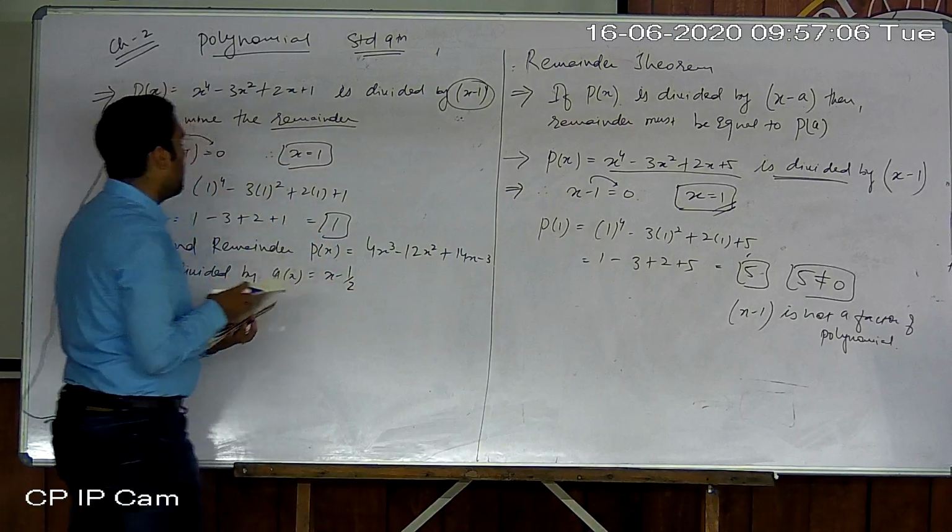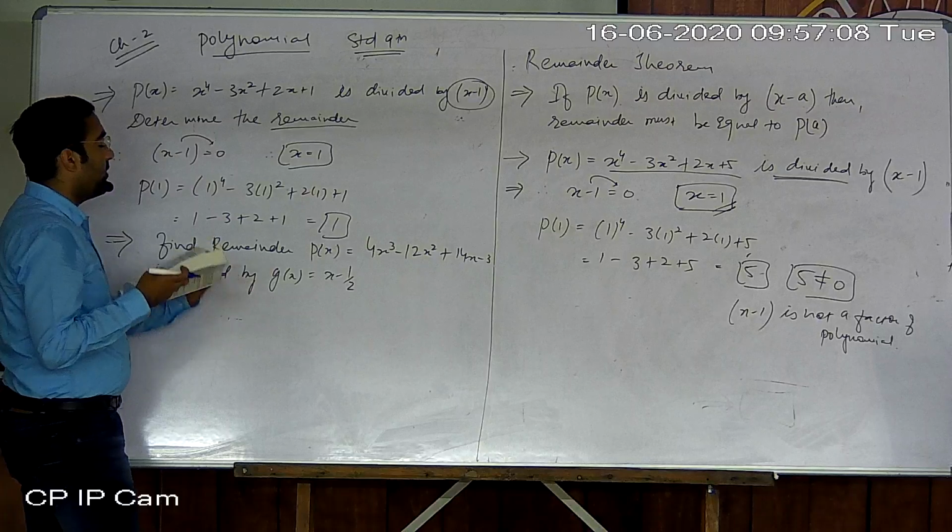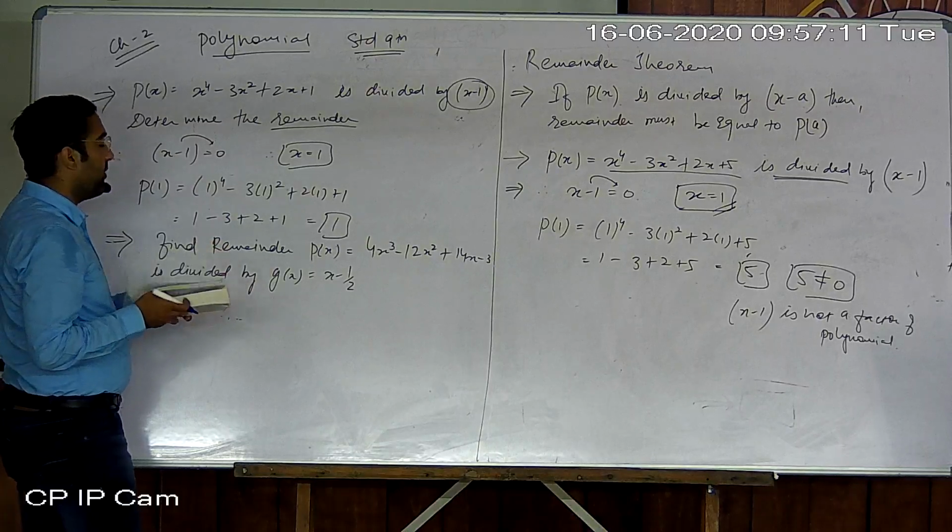Here it is clearly given that g of x is x minus 1 by 2.